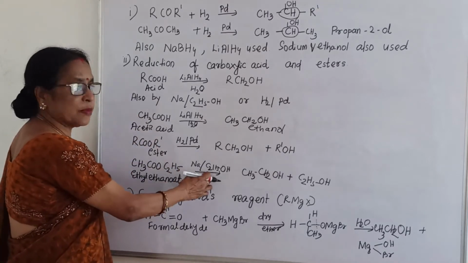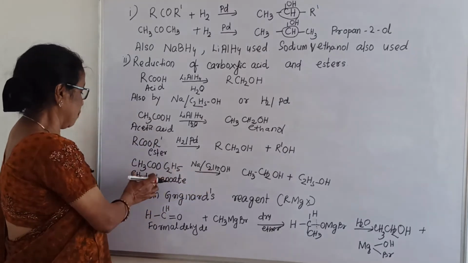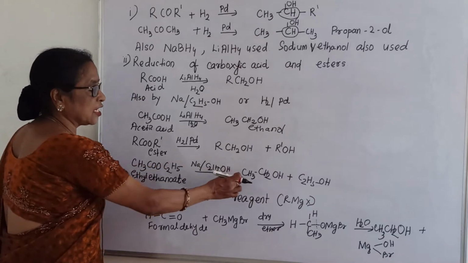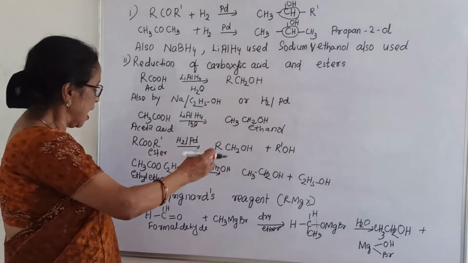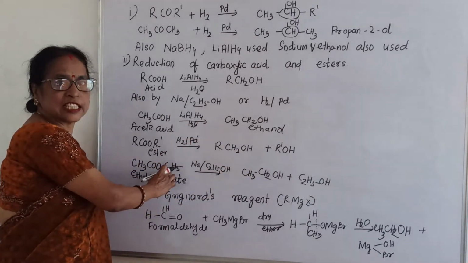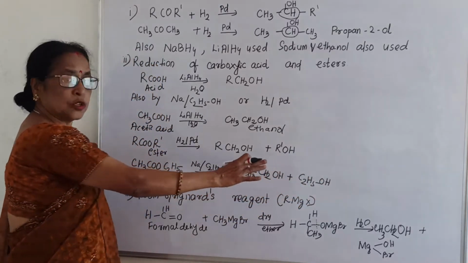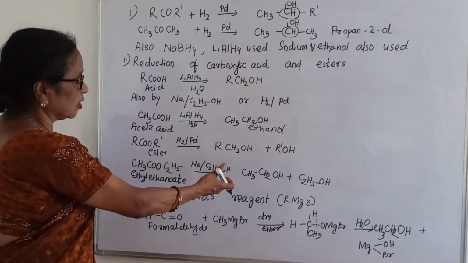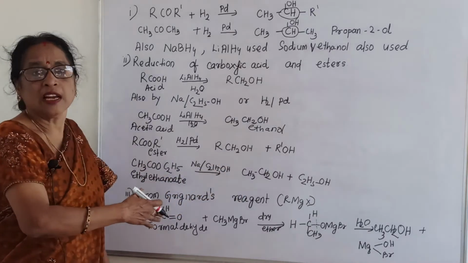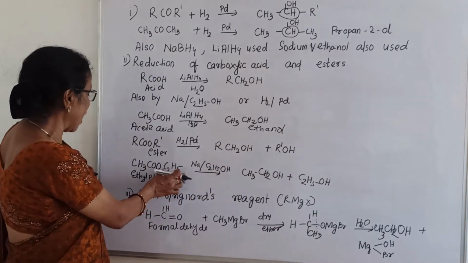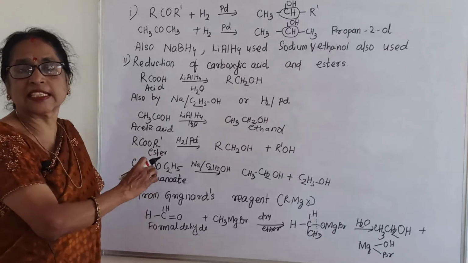You take sodium and alcohol, and the product is: CH3CO changes to CH3CH2OH, and this R', that is C2H5, changes to C2H5OH. There are two types of alcohol, but the alcohols are the same because of the formula: one side C2H5, another side CH3CO.